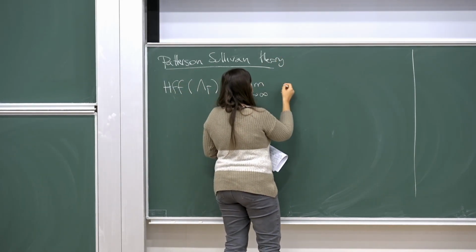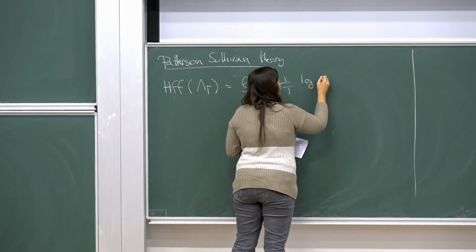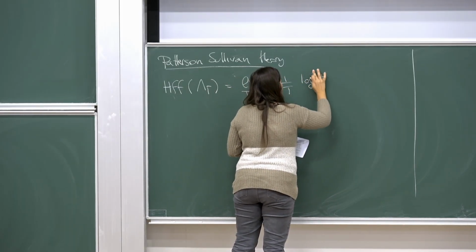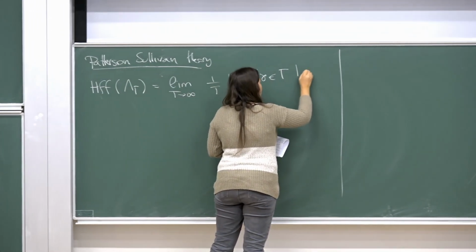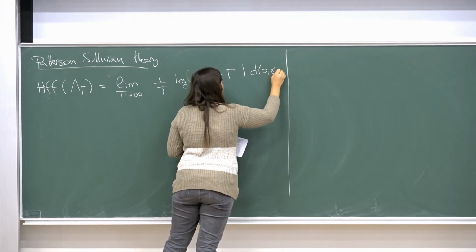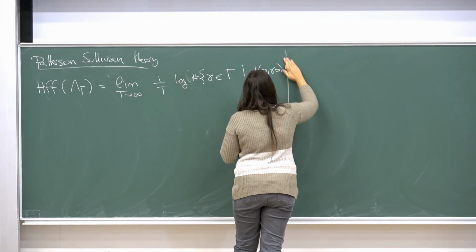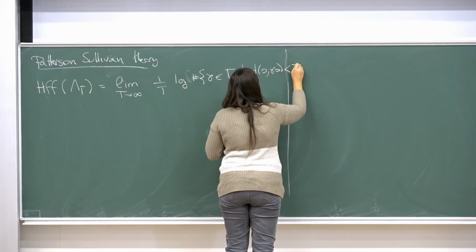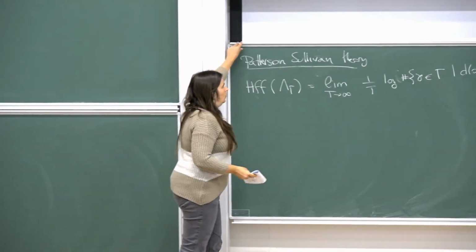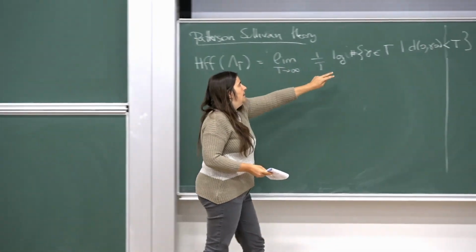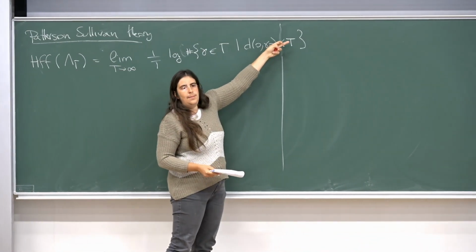So the Hausdorff dimension of this limit set, of this red set in my drawings up there, is the limit as 1 over t logarithm of the number of gamma in Gamma such that the distance between O and gamma O is smaller than t. Which you can think of as elements that have word length smaller than something.